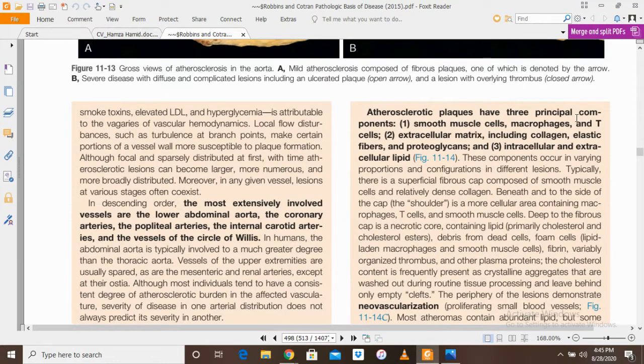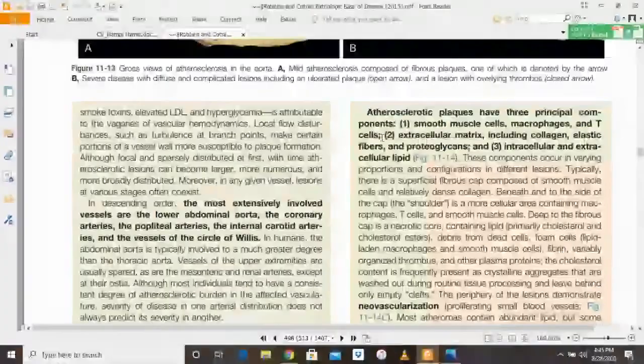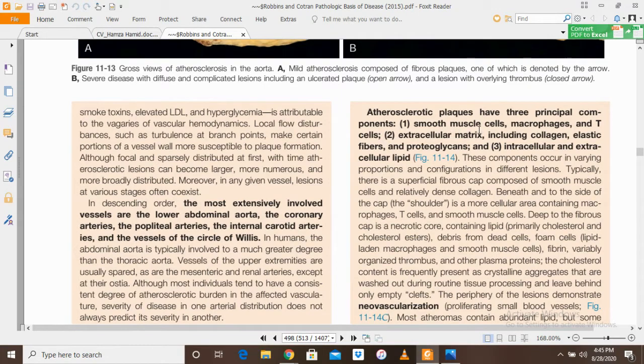Atherosclerotic plaques have three principal components. What are the components of an atherosclerotic plaque? Usually, the cells, the extracellular matrix, and lipid take part in the formation of an atherosclerotic plaque. The cells are smooth muscle cells, which come from the media of the vessels, macrophages which come from the lumen, and T lymphocytes, which also come from the lumen.